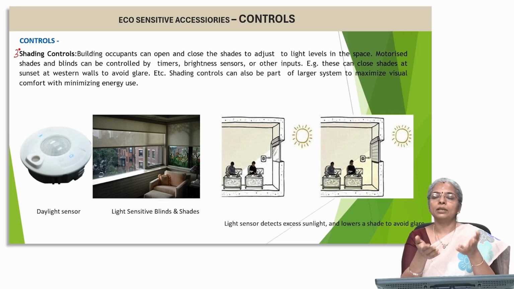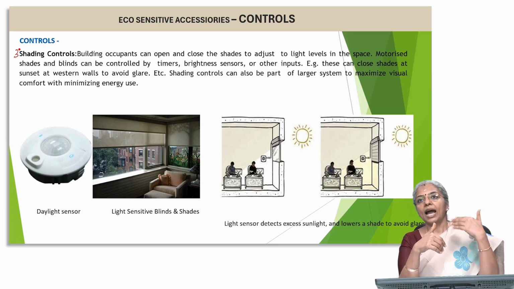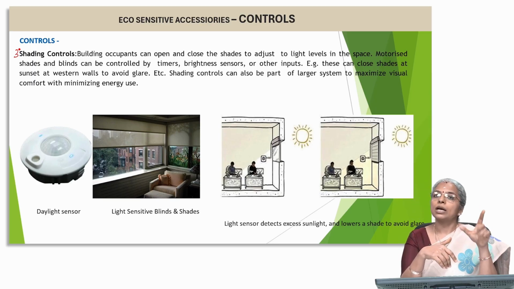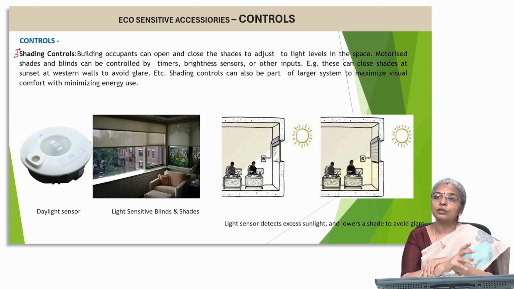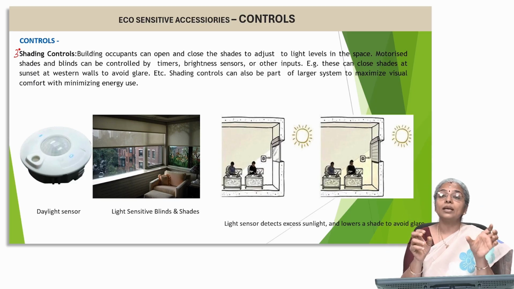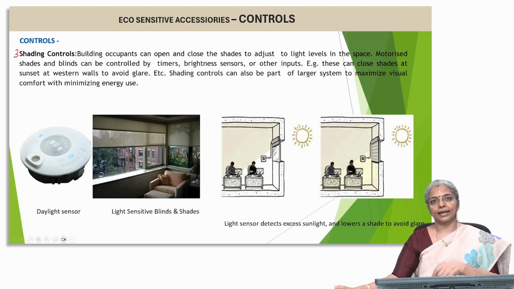For example, these can close the blinds or shades at sunset along the western wall because glare and intensity of harsh light is maximum along the west during sunset time. So, shading control can also be part of a larger system to maximize visual comfort with minimum energy use, and that is what is our target.